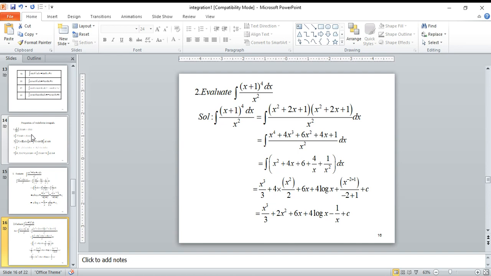Plus 4 into 1 by x is log x. Plus 1 by x square is x power minus 2, so x power minus 2 plus 1 by minus 2 plus 1. So the answer is x cube by 3 plus 2 (half of 4), that is 2x square, plus 6x plus 4 log x minus 1 by x plus c.